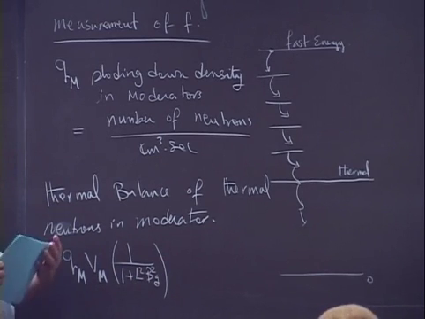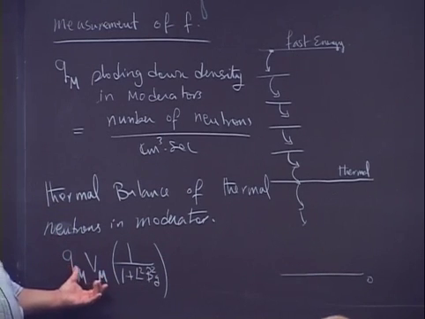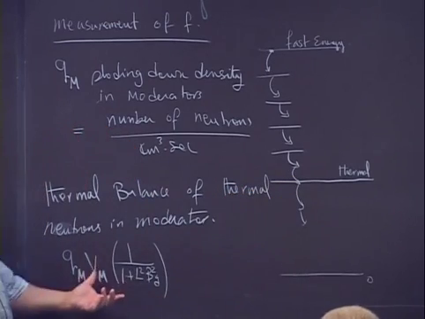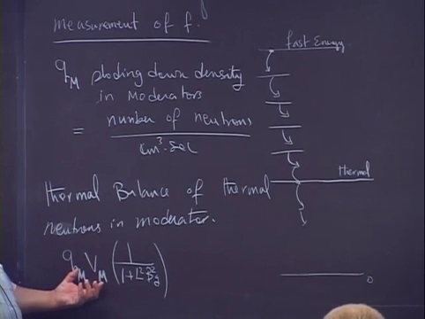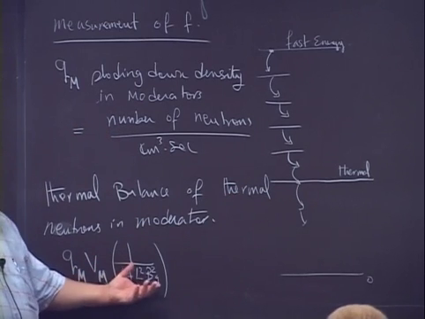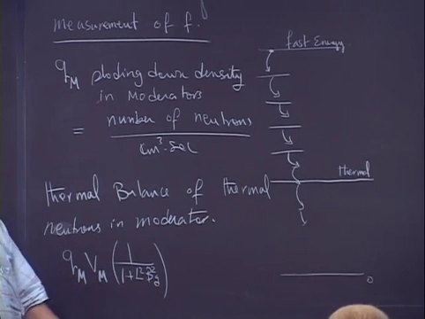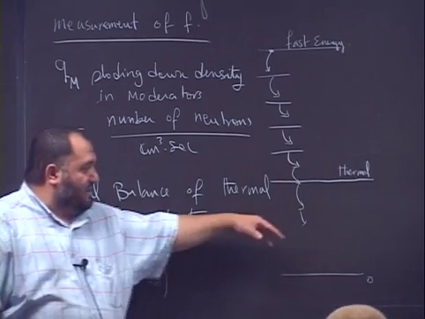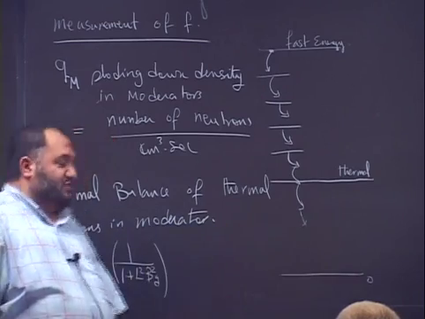So of those reaching the thermal energy region here, I multiply the total number that will reach the thermal energy by the non-leakage. This will give me the fraction of those neutrons that will survive leakage and will be thermalized. They will be in the thermal energy region here.